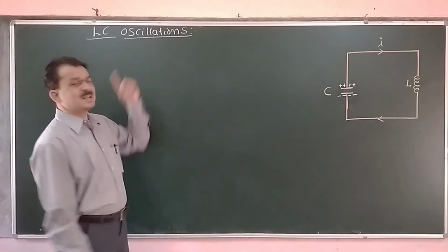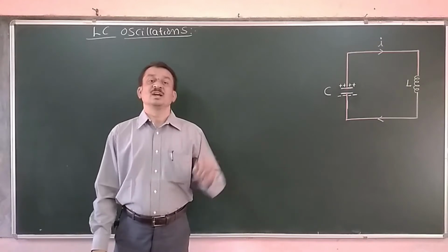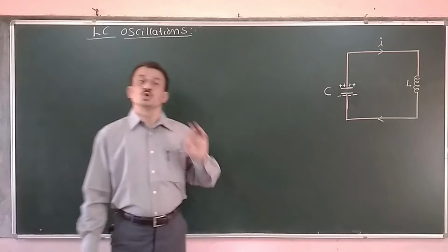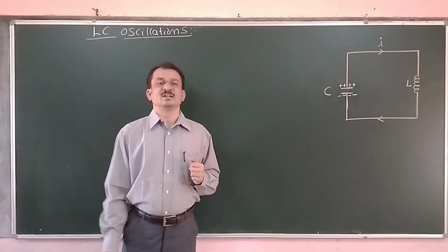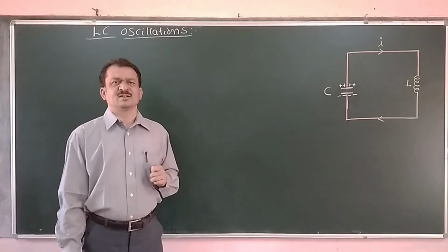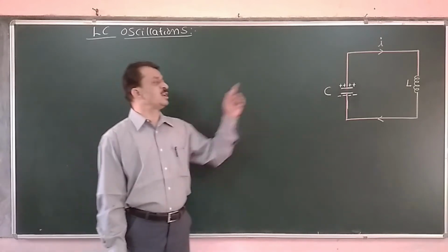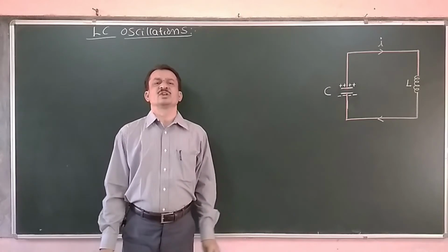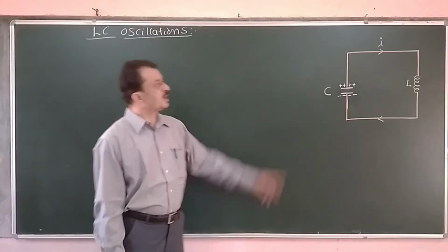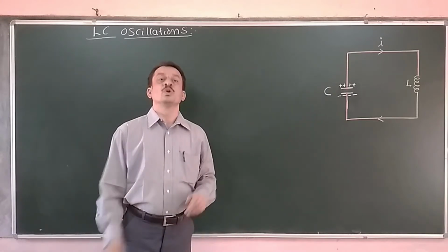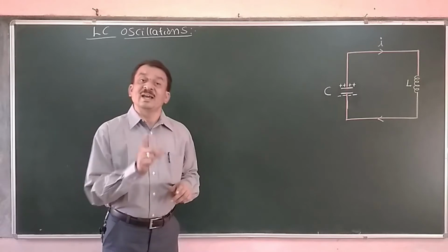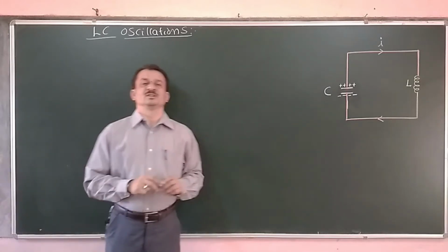We know that the capacitor stores electrical energy, and the inductor stores magnetic energy. When a fully charged capacitor is connected to an inductor as shown in the circuit, the charge in the capacitor and the current flowing through the circuit both will exhibit the phenomenon of electrical oscillation.